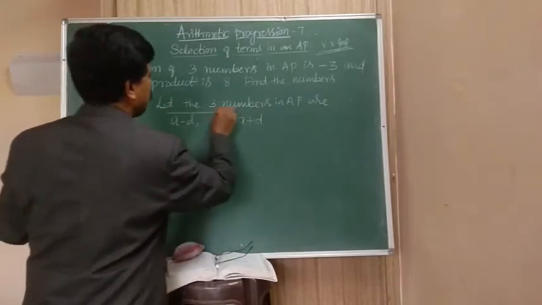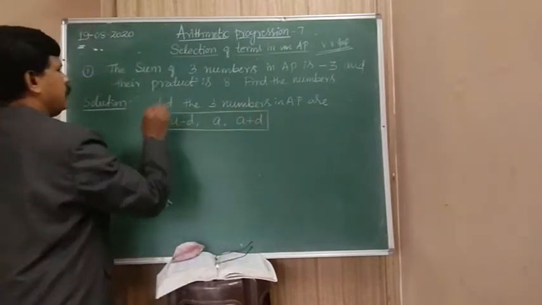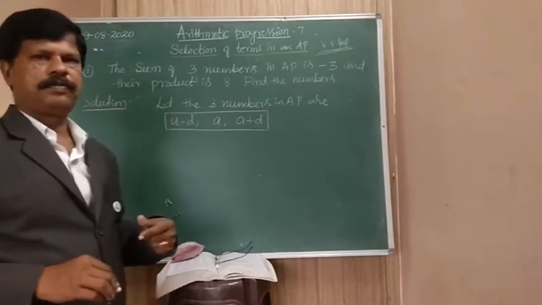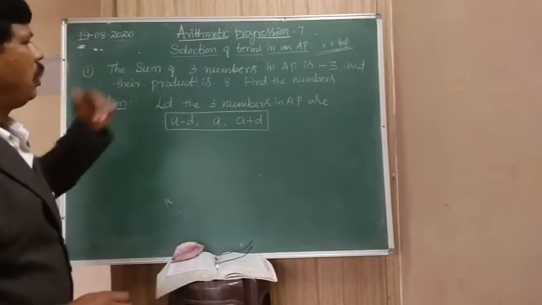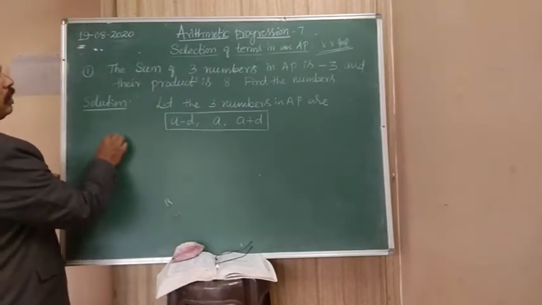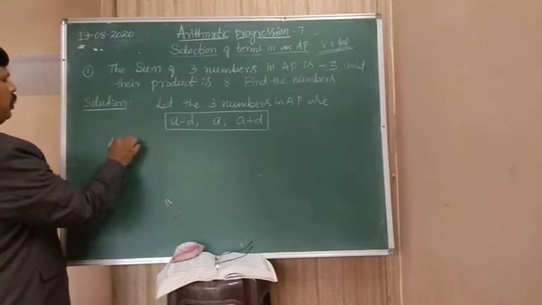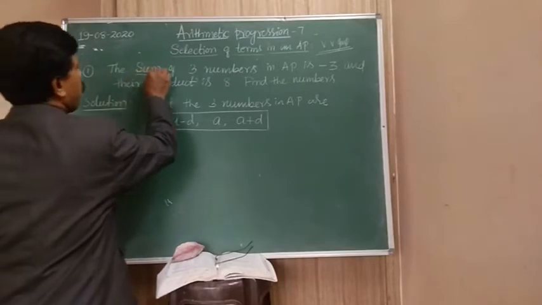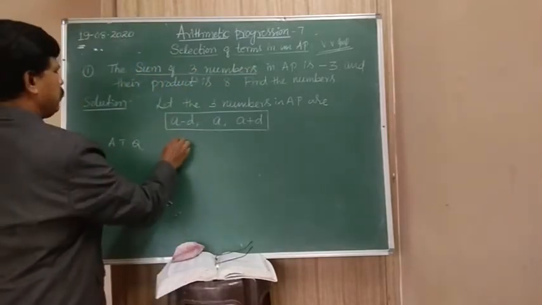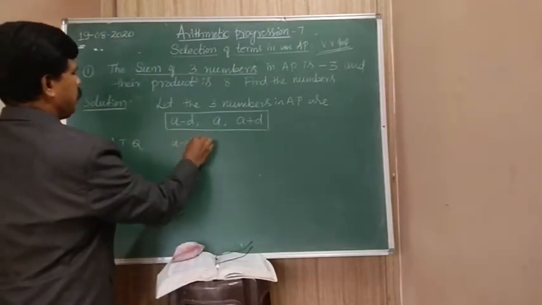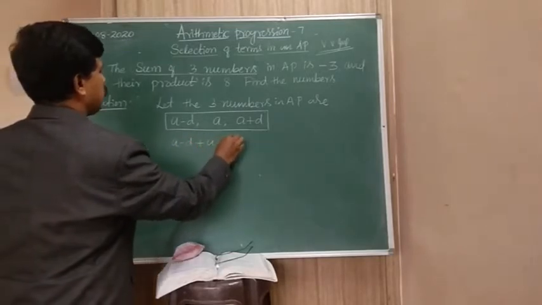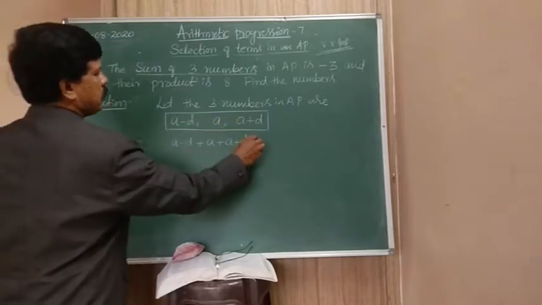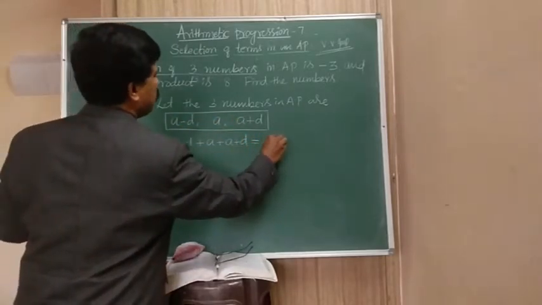First you should take them like this. Then according to the question, what is given? The sum of the three numbers: a minus d plus a plus a plus d. The sum of this plus this plus this is given as -3.